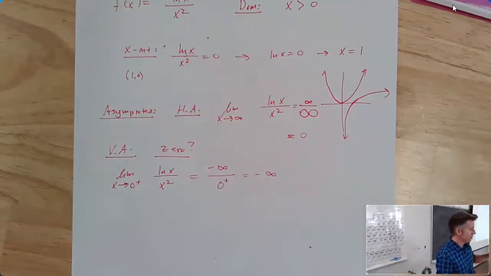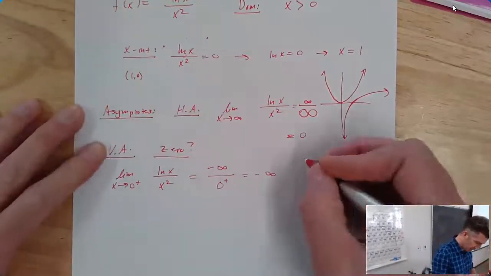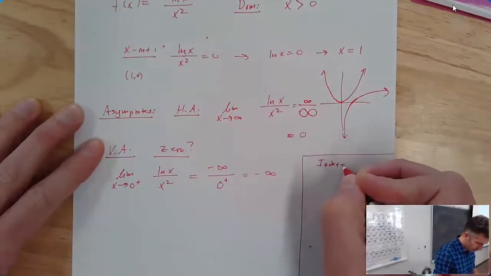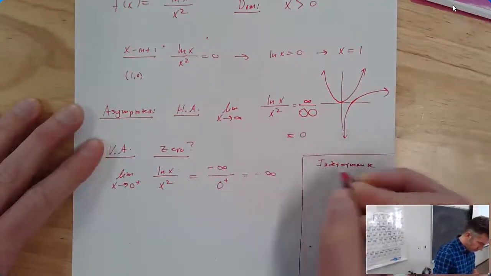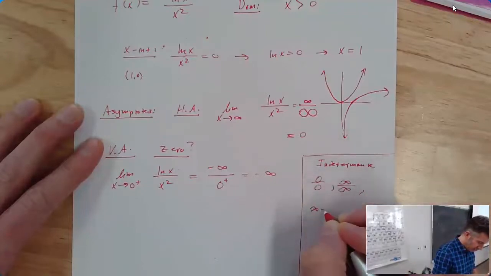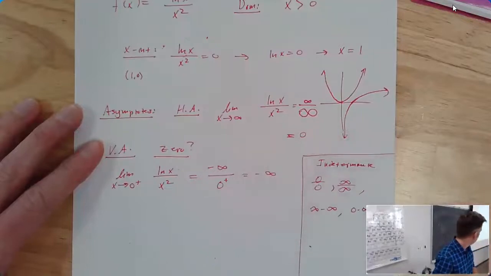Well, I would say you're correct. It is undefined in a negative infinity sort of way. It is not indeterminate. So that actually brings up a good point. Just as a quick aside here, indeterminate forms: 0 divided by 0, infinity divided by infinity, infinity minus infinity, 0 times infinity, and there's a few others as well.